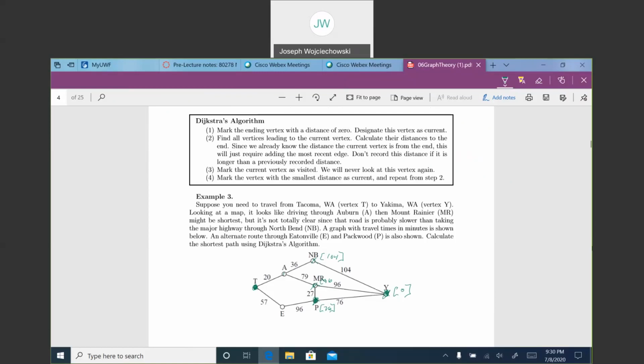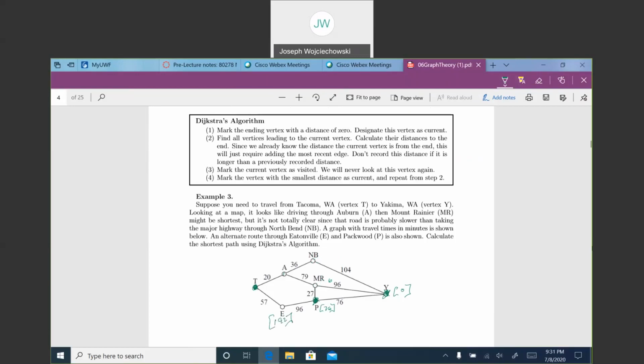And now we forget about Yakima and go to P. Okay, so now let's get rid of this for now. Okay, now I'm here at P. I have two possibilities. I can go here to E, which would put me at 192.